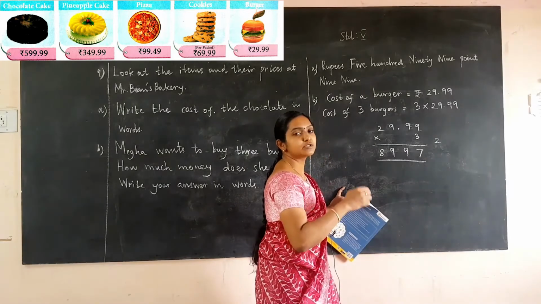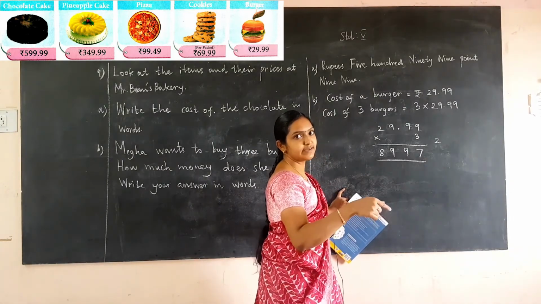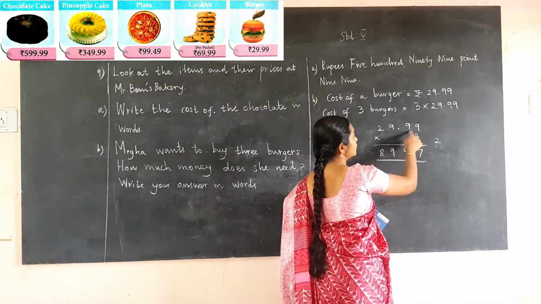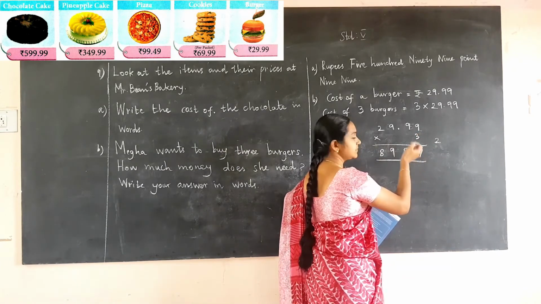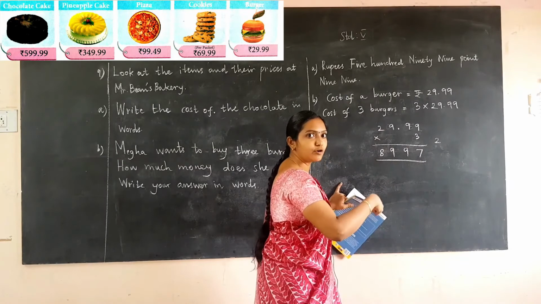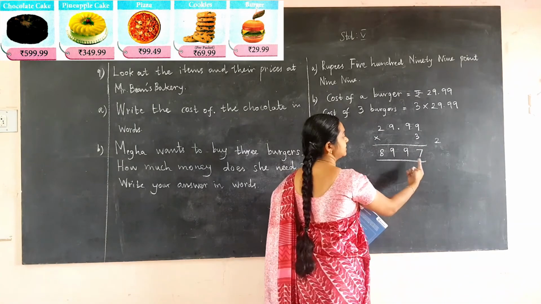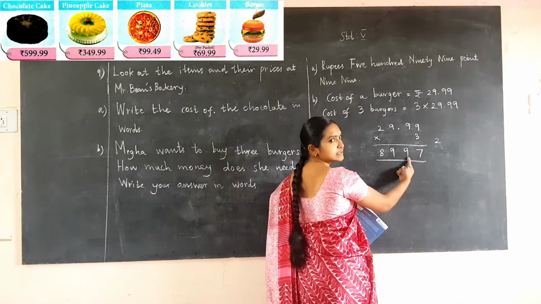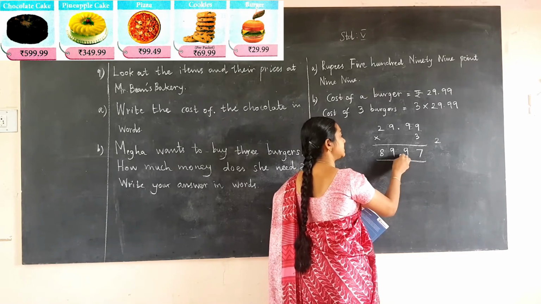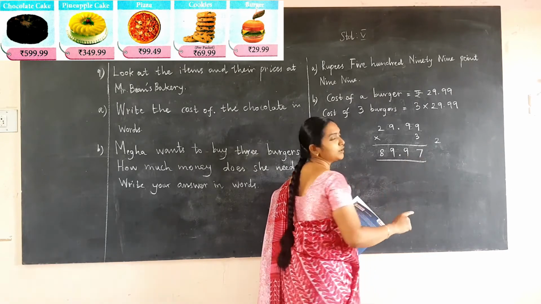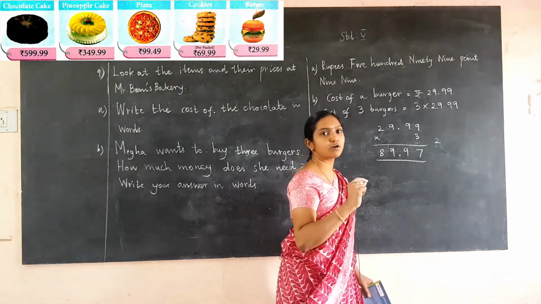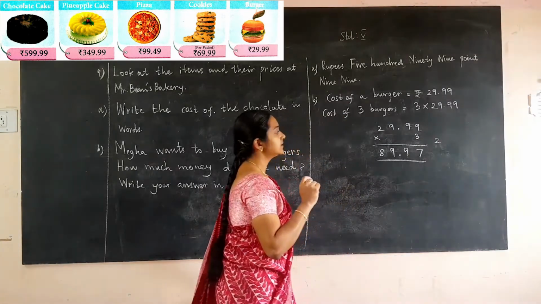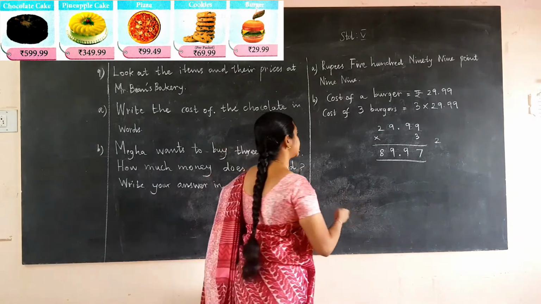And you have to count the number of places after the decimal point. Here we have 2 places after the decimal point. So, keep the decimal point before 2 places from the right. This is 1 place, this is 2nd place. So, we have to keep the decimal here. After the decimal point, we have to have 2 decimal places. We have to write the cost of 3 burgers in words.